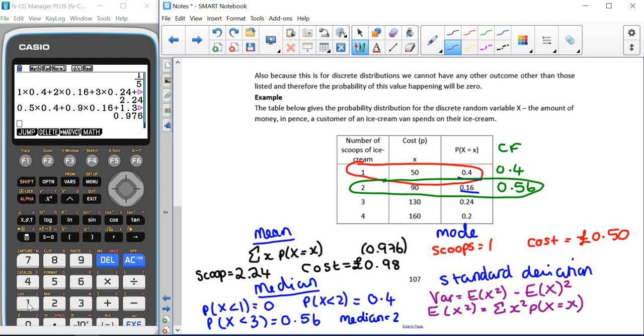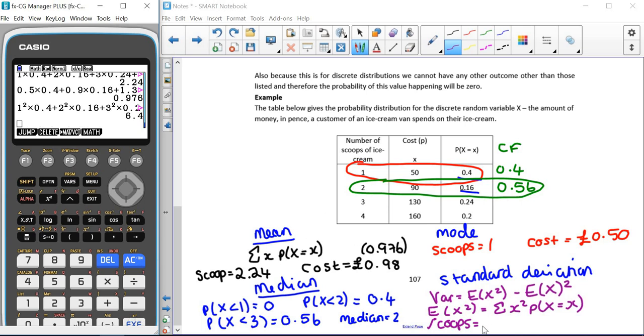So we're going to have 1 squared for the scoops first. So for scoops, we'll have 1 squared times 0.4 plus 2 squared times 0.16 plus 3 squared times 0.24 plus 4 squared times 0.2.